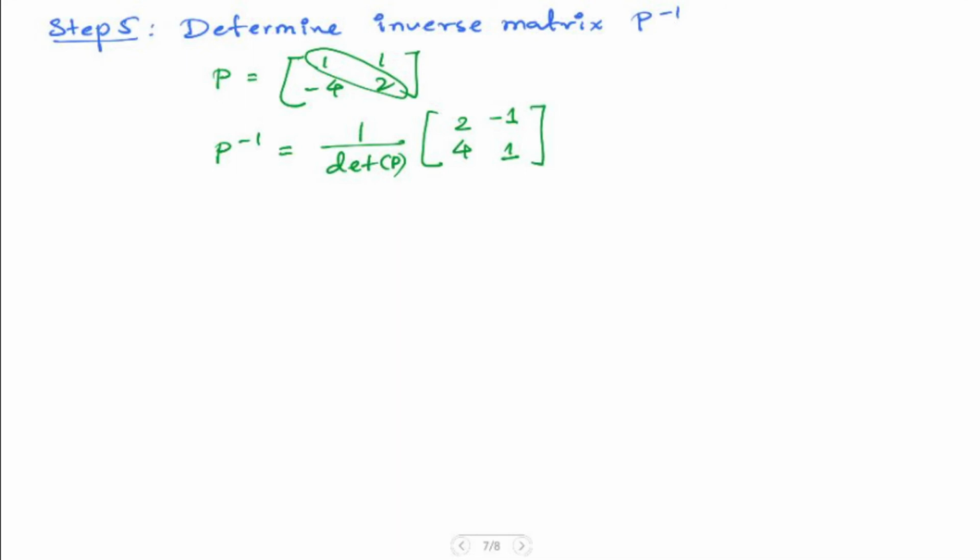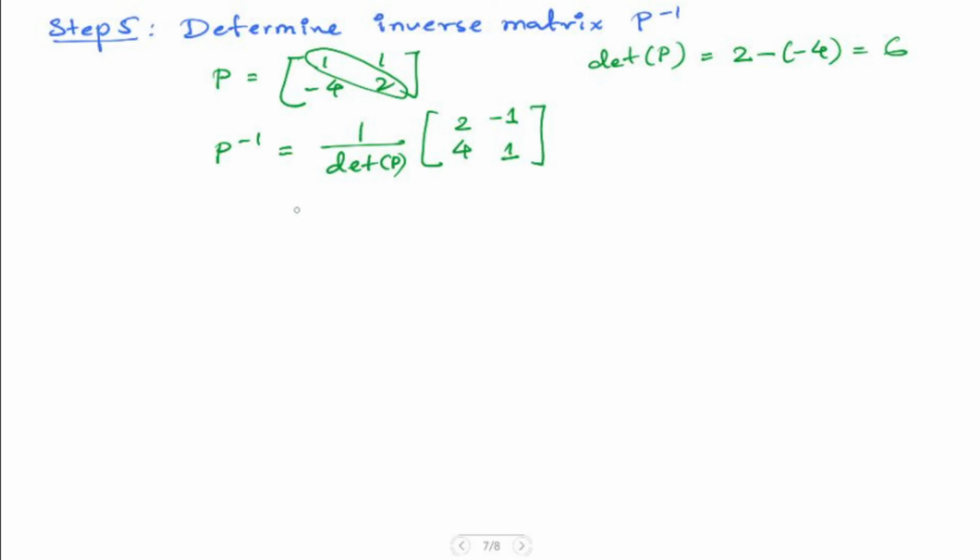Okay, now what is the determinant of P? Let's find out separately. The determinant of P is 1 times 2, that's 2, minus 4 times 1, so that's minus 4, and minus, 2 plus 4, that's 6. So the determinant is 6 here.